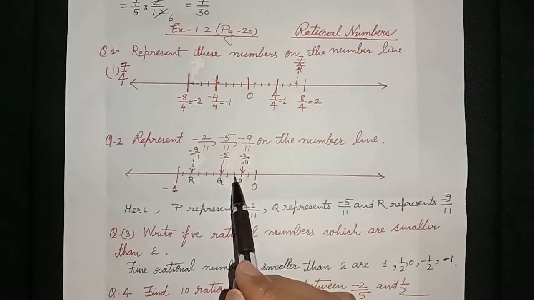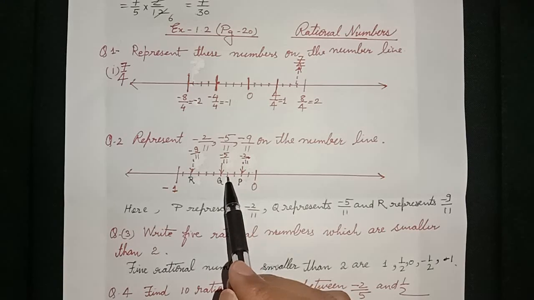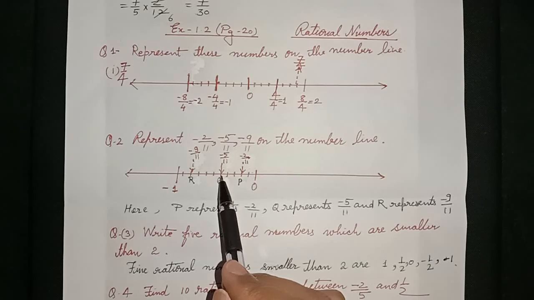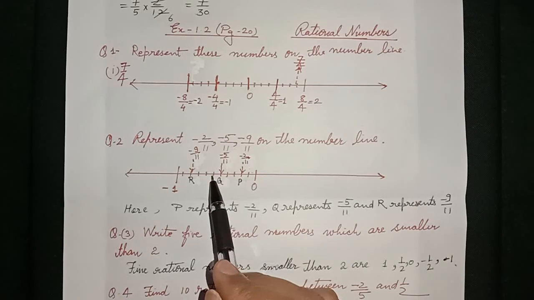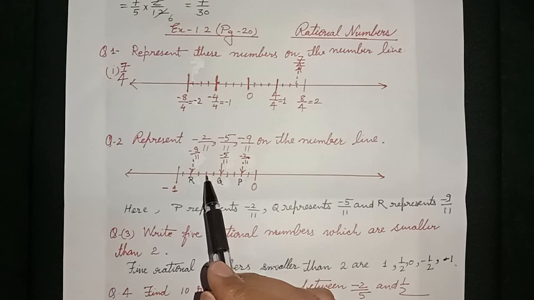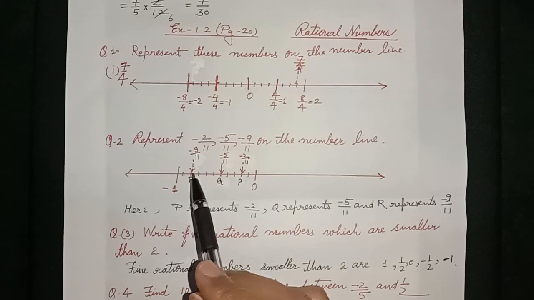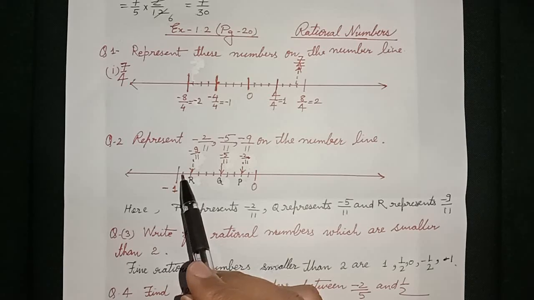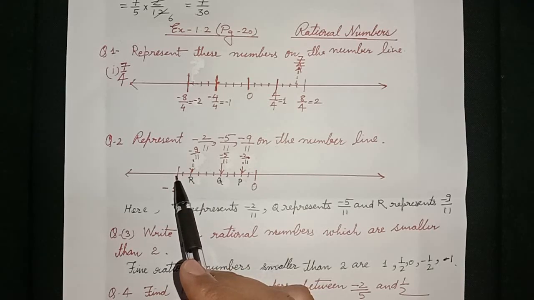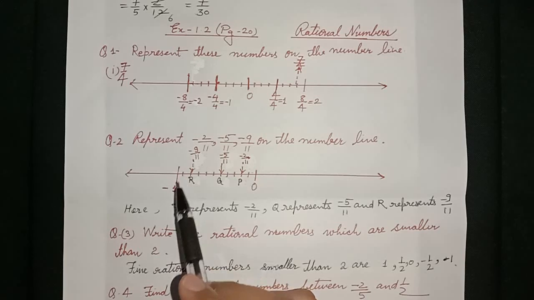Here it shows minus 3 upon 11, minus 4 upon 11, minus 5 upon 11, minus 6 upon 11, minus 7 upon 11, minus 8 upon 11, minus 9 upon 11, minus 10 upon 11, minus 11 upon 11, which is equal to minus 1.